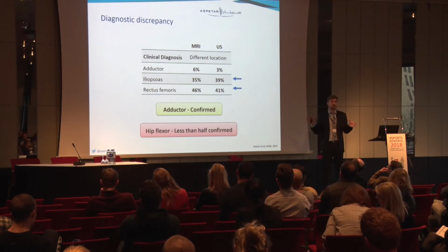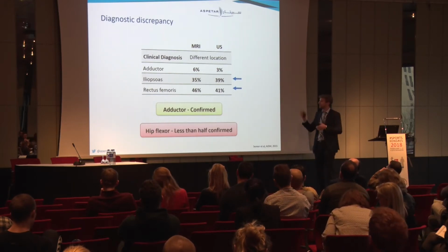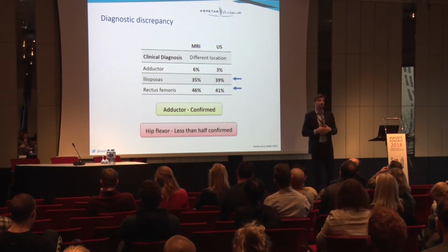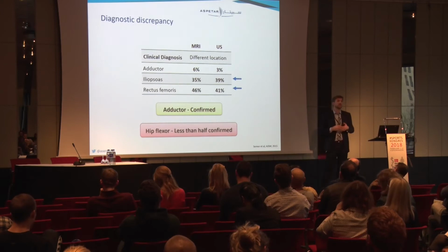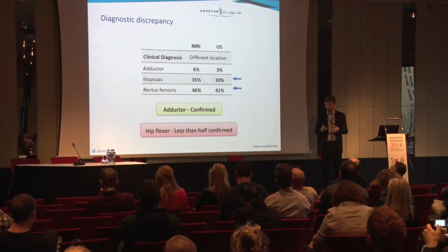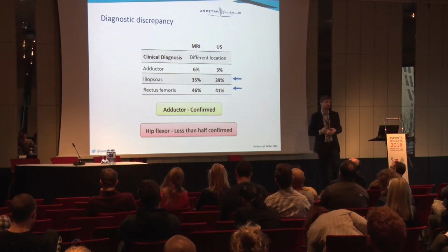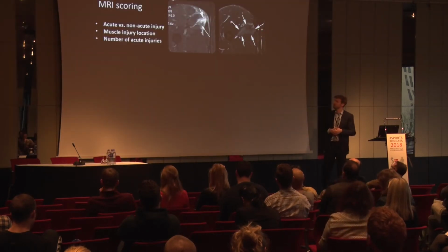So what we can see is that the sports medicine physicians were generally good at diagnosing the adductor injuries, but the hip flexor injuries were less than half confirmed by the imaging, and about a third of them were actually wrong.